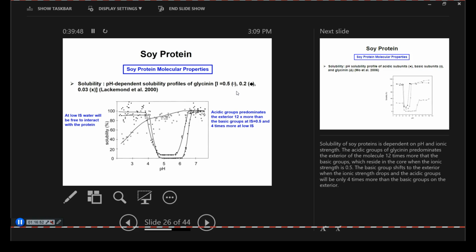So we have acidic groups, we have basic groups. Therefore, we follow the regular bell shape, where around the isoelectric point we have less solubility, and away from it we have more charge density, because now we have more balance of acidic and basic groups on the surface.